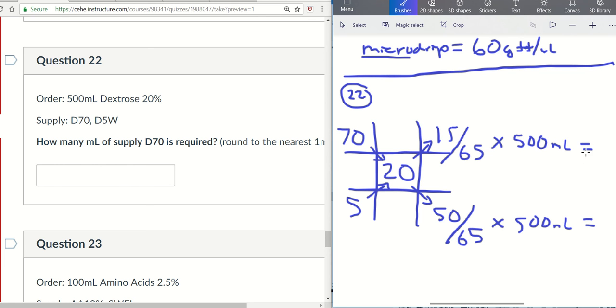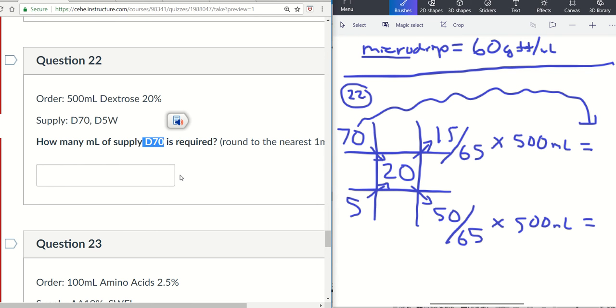All right, do we want the top number or the bottom number? The question asks for D70. So which number will give me the D70? The top number. You gotta follow. They want the 70. The percentages go straight across, while the difference goes diagonally. Just be careful, this is 5%. So you want the top number.